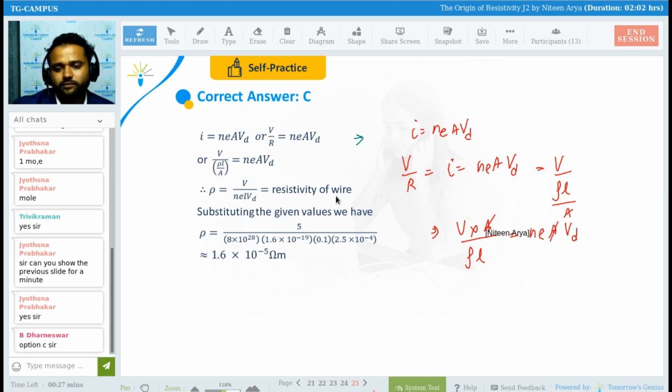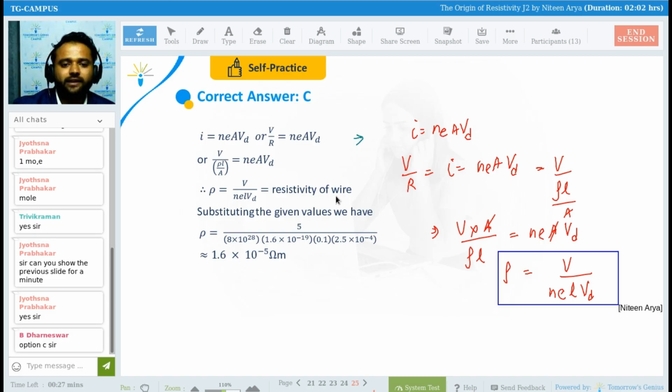So A cancels out, and then what do we need to find? Rho. So resistivity is nothing but V upon nelvd, where V is the potential difference. In this way, just by rearranging the terms, whatever we have, we can get it, and then we put in the values and we get the answer.